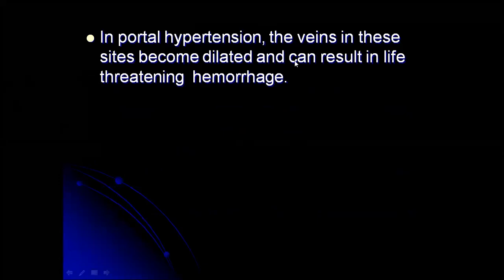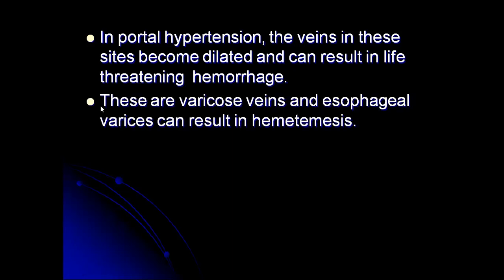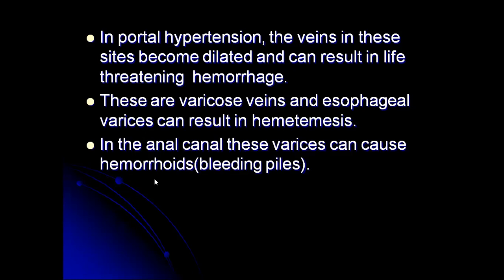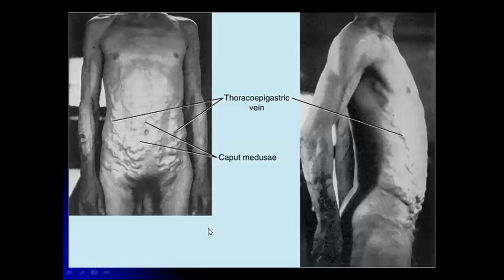In portal hypertension, the veins in these sites become dilated, resulting in life-threatening hemorrhages. Esophageal varices can result in hematemesis, that is blood vomiting. In the anal canal, these varices can cause hemorrhoids, bleeding piles. Around the umbilicus, they result in caput medusae, which resembles the head of Medusa.